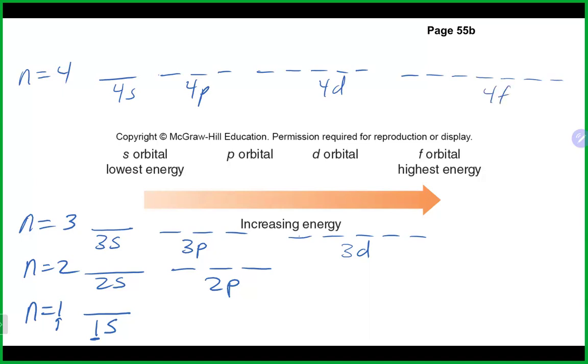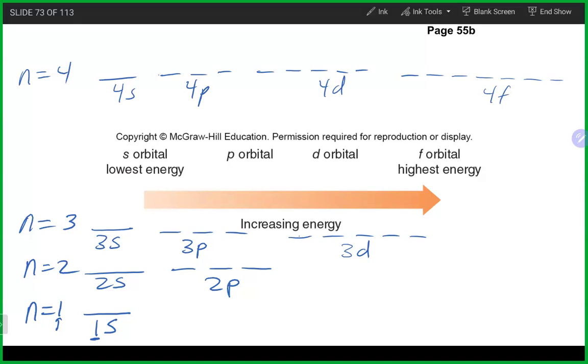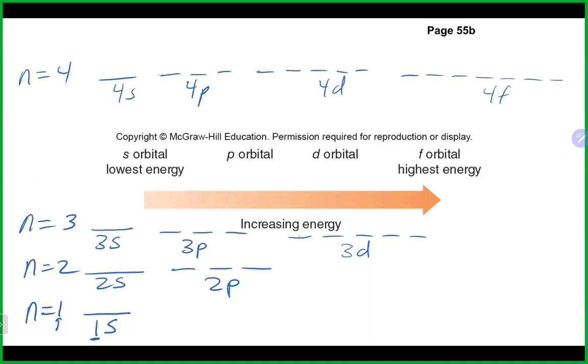So this is also something to keep in mind because it'll be helpful in just a bit. First energy level, only have s orbitals. It is not until the second energy level that you get your p's, not till the third energy level that we get d's, and not till the fourth energy level that our f's first start to appear.